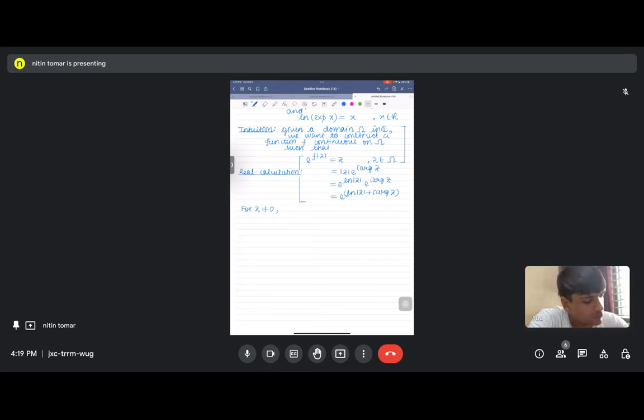Yes sir. So common sense tells us, if we want to define log z, we must define it this way: log z to be the function, I am putting some gap here which I'll fill later, log z is ln mod z plus iota argument z.